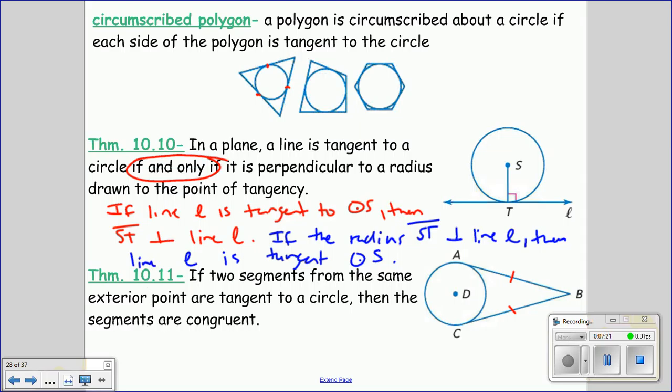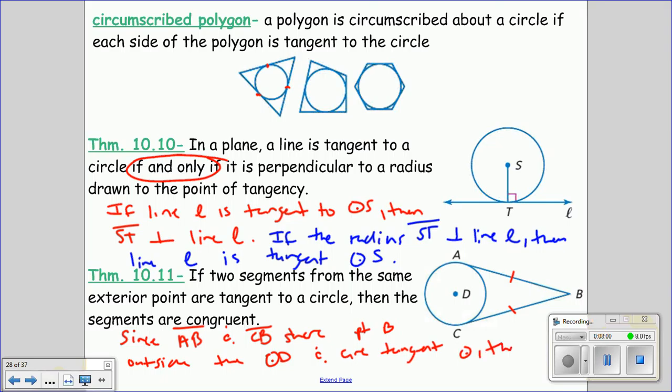So since segment AB and segment CB share point B outside circle D, and are tangent to circle D, then AB is congruent to CB.